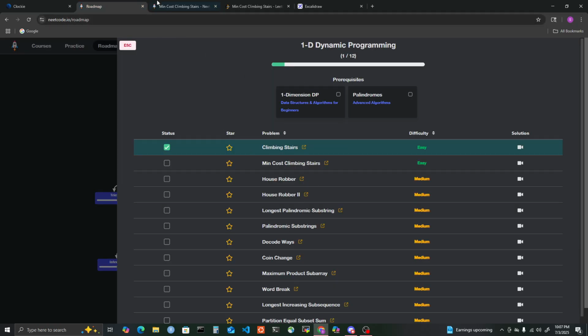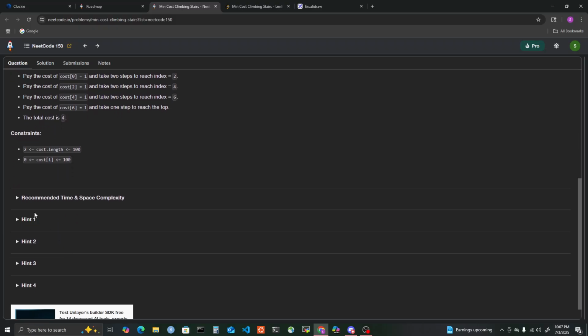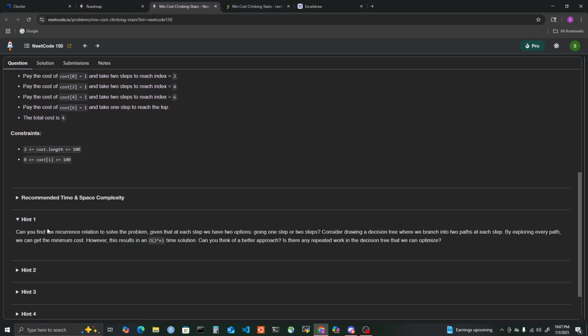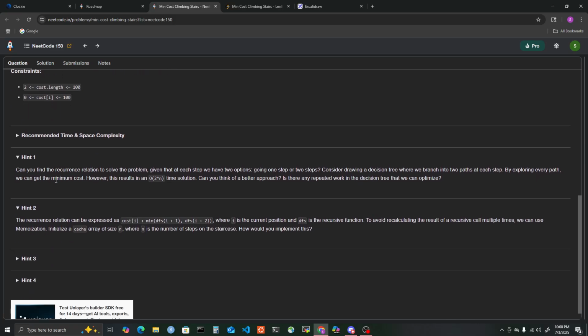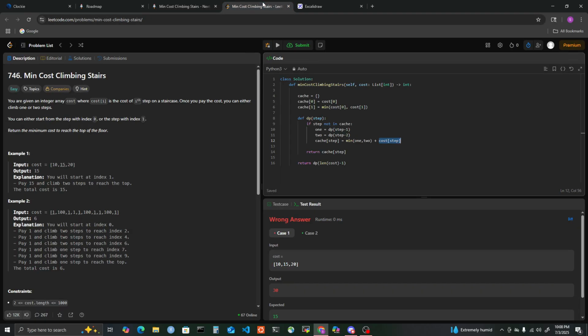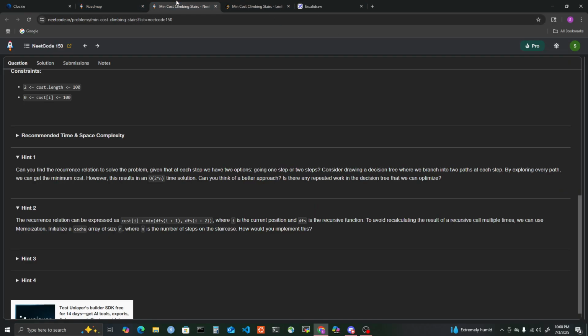This is the solution I was looking at yesterday with his regular climbing stairs. Okay, well, I guess we'll do what we gotta do.